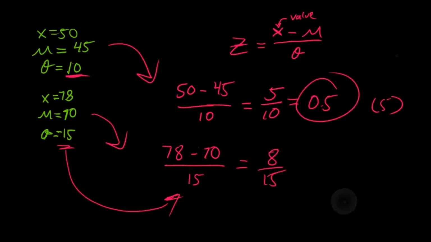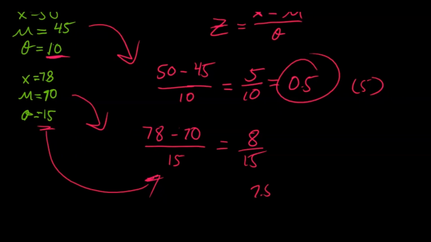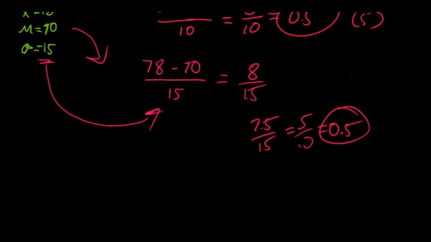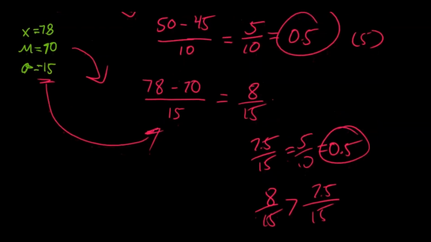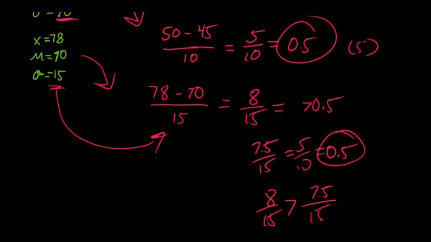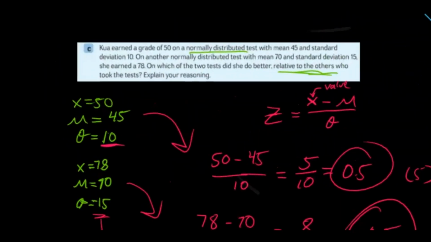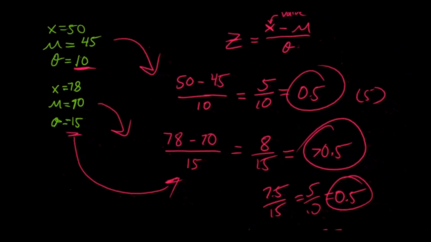And we know that 7.5 out of 15 is equivalent to 5 over 10, because both are 0.5. Since 8 over 15 is greater than 7.5 over 15, that gives us a value greater than 0.5. And so that is our answer: she did relatively better on her second test.